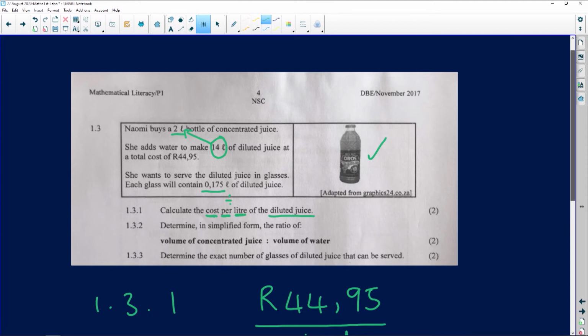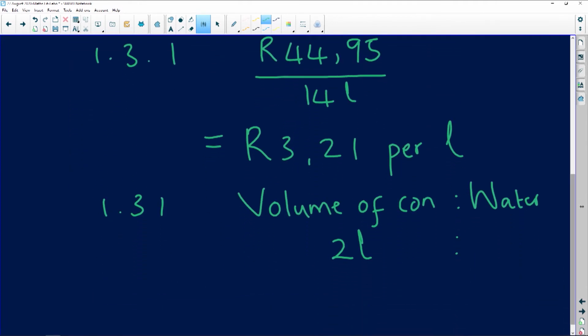So it's going to be 2 is to 12. Another thing, whenever you write ratios, do not put the units of measurement. So I'm just going to write my 2 there again.